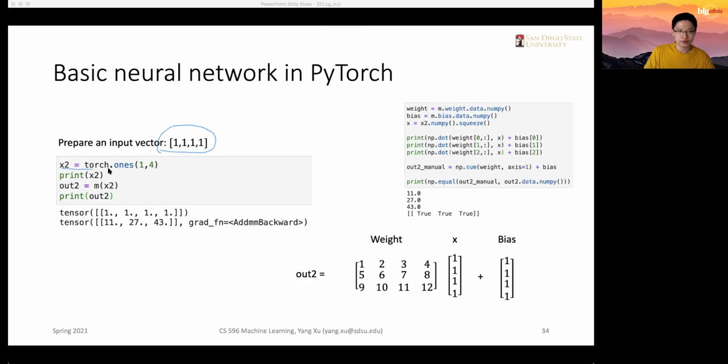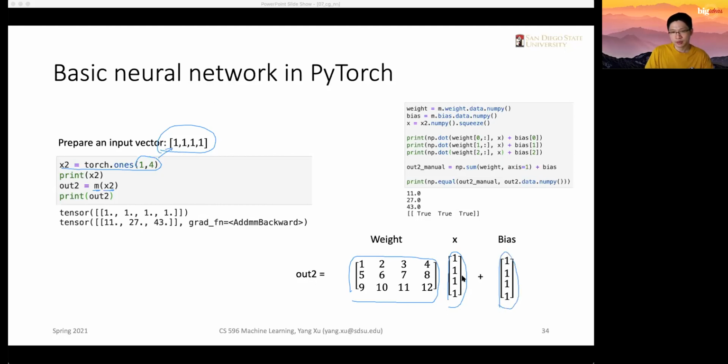We let x be a 4-dimensional vector that has all ones in it, and we will print the result of feeding x2 into the model. Remember the weight of our model is 1, 2, 3, 4 up to 12, and the input is all 1. And the bias is all 1, right? We initialized it to all 1.